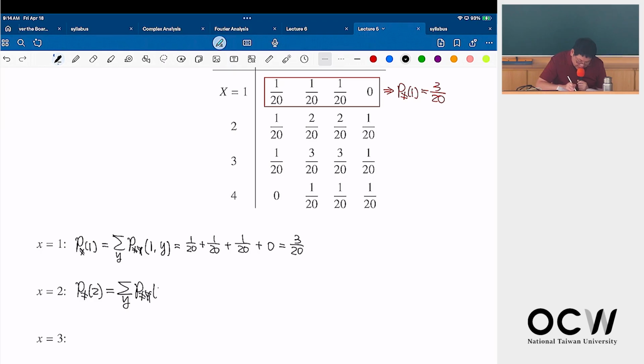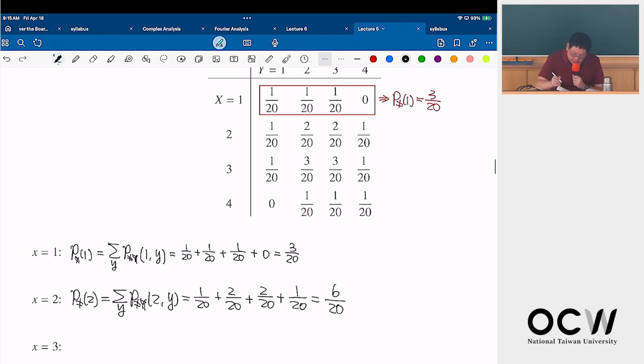So x is 2, and for different y, I have 1 over 20, 2 over 20, and just the second row, so this is px at 2, that's 6 over 20.